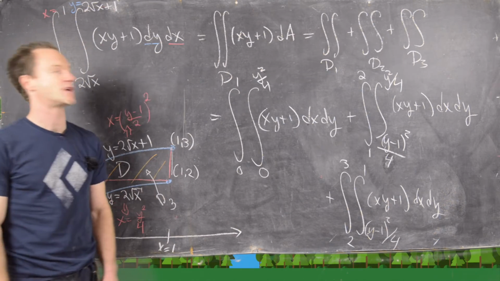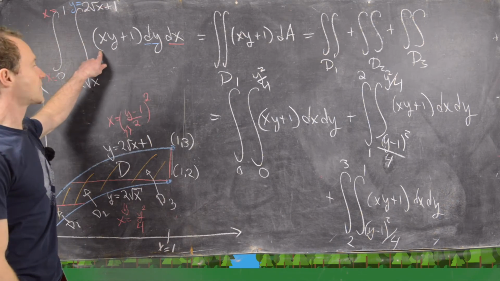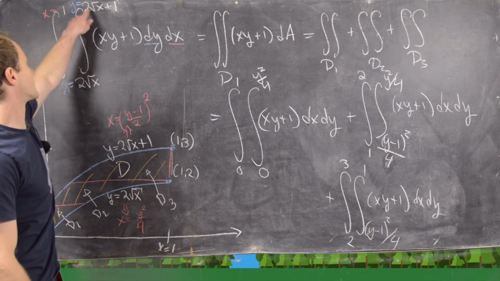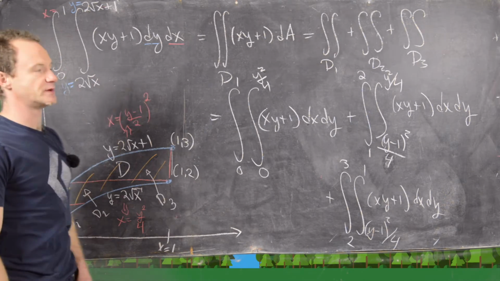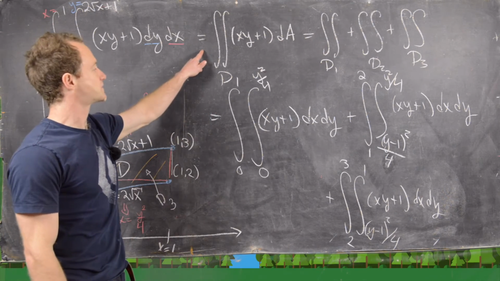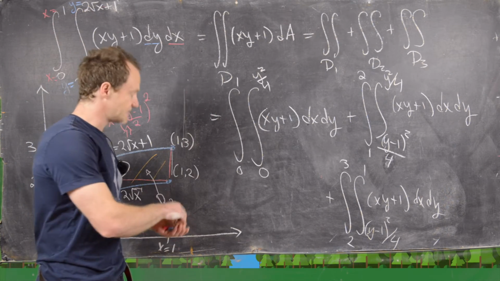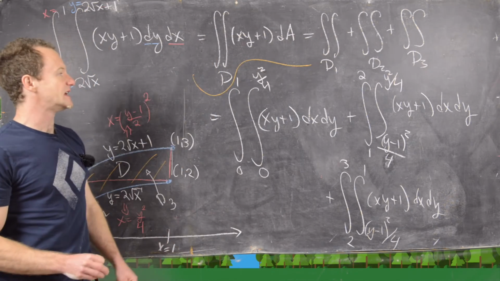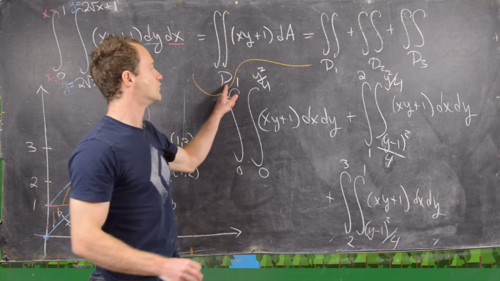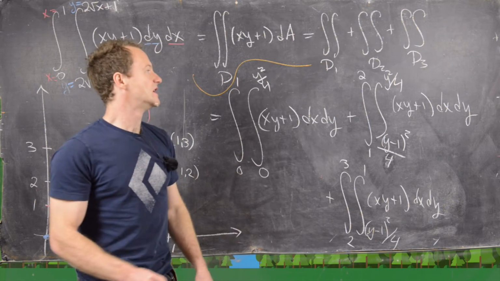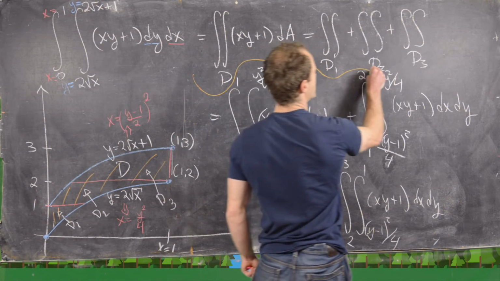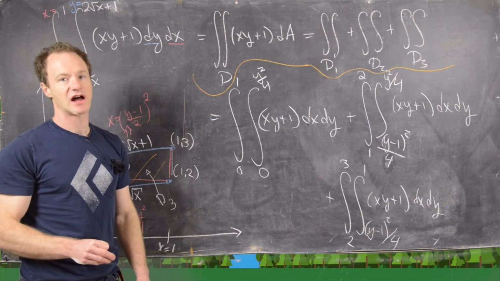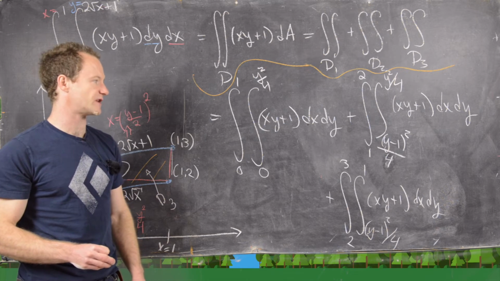Okay, so let's see what we've got. We had this first iterated integral: the y values were between these two curves, and the x values were between these two numbers. We expressed it as a double integral over this region D. Then we took this region D and split it into 3 regions, D1, D2, and D3, out of a necessity to change the order of integration.